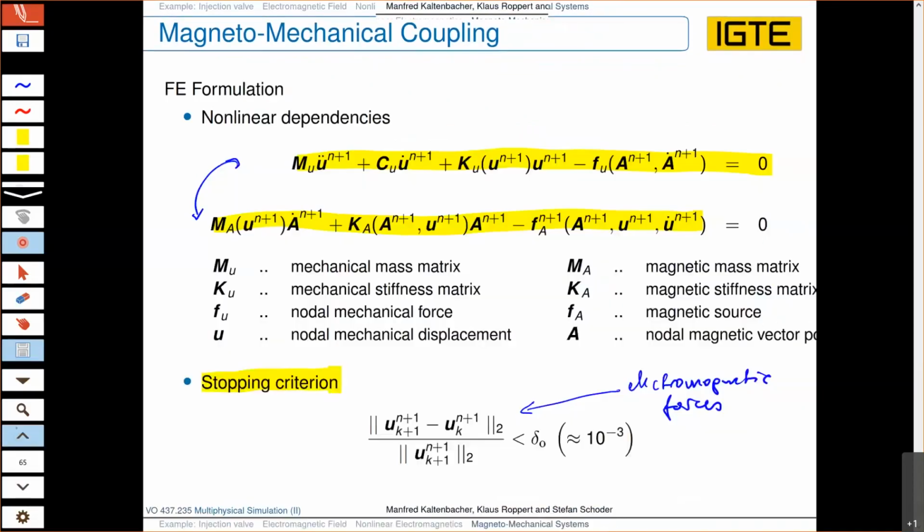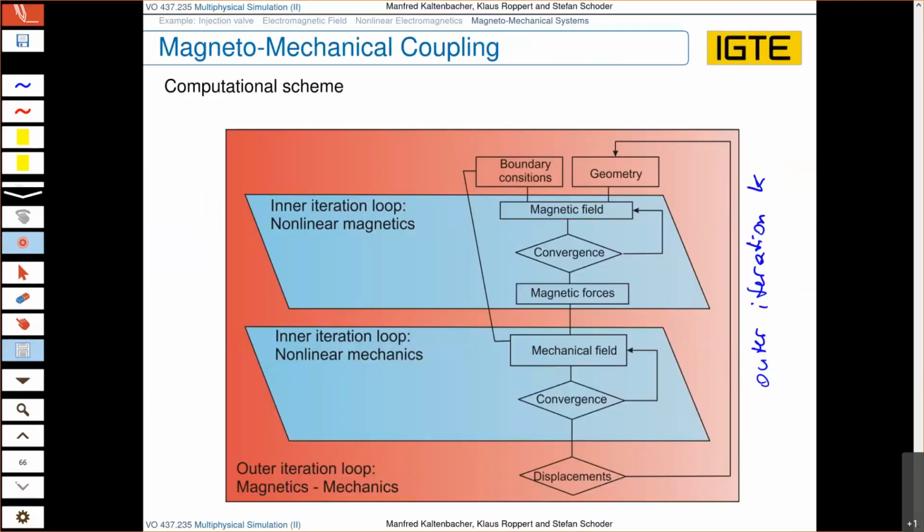So even if we neglect the nonlinearities within our system matrices, we will have a coupling according to the electromagnetic forces, which are nonlinear, and in this sense, the iterative coupling is in most cases more efficient, but always taking into account also the iteration within each time step to get a converged solution.